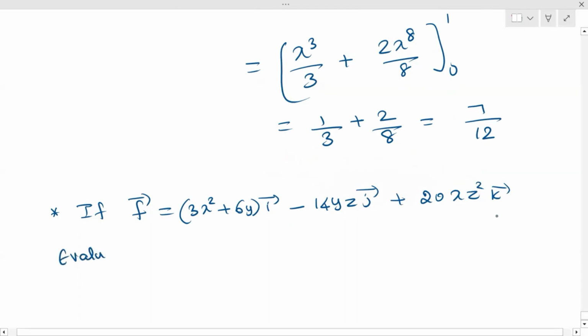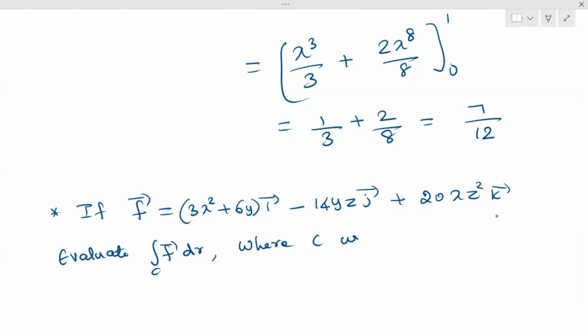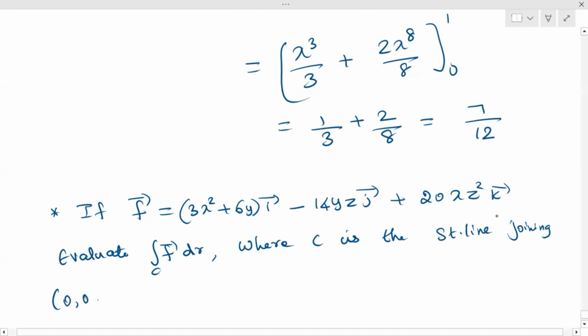Evaluate the integral over C of F dot dr, where C is the straight line joining the points (0, 0, 0) to (1, 1, 1).